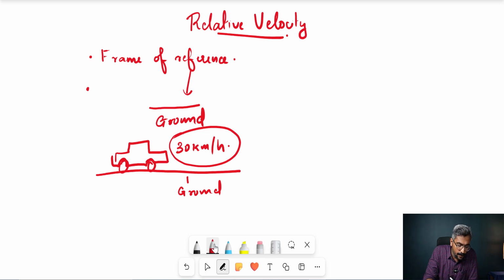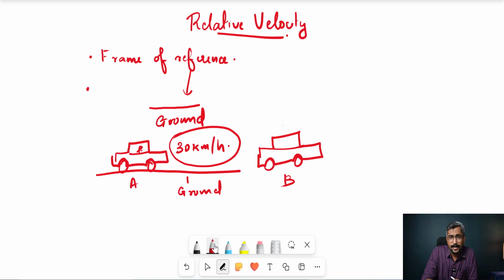And if another car is moving, then definitely you can see that this car, if I'm sitting inside this car A, and I'm observing car B, then the velocity of B can be stated as velocity of B with respect to A. That is, I am taking this A as my frame of reference.